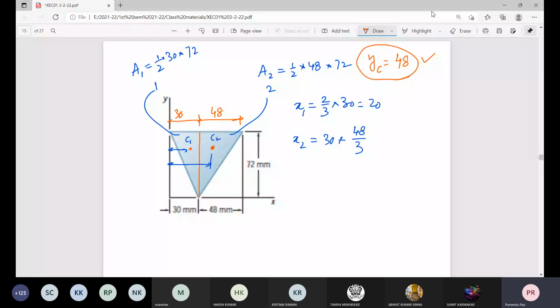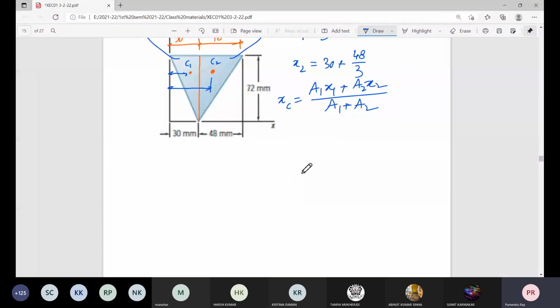Now I come to that part. Somebody was asking about that other way of doing this. X-axis, Y-axis. The original diagram was like this.